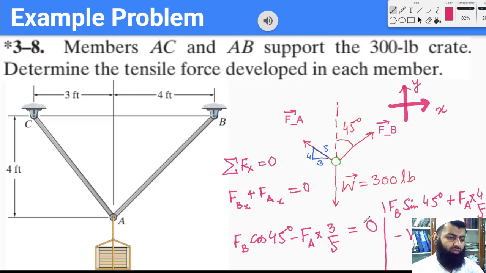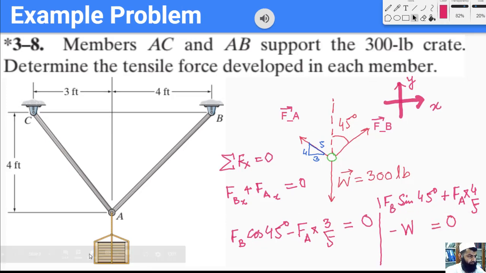So these are the two equations of equilibrium, and we can solve them simultaneously to find the value of FB and the value of FA. These are the two unknowns.